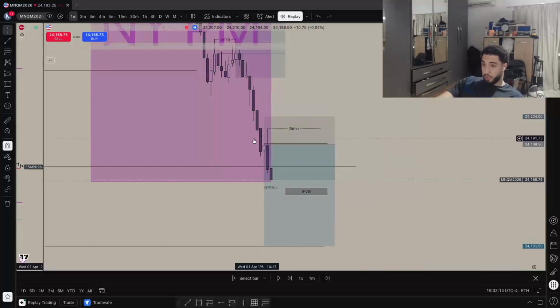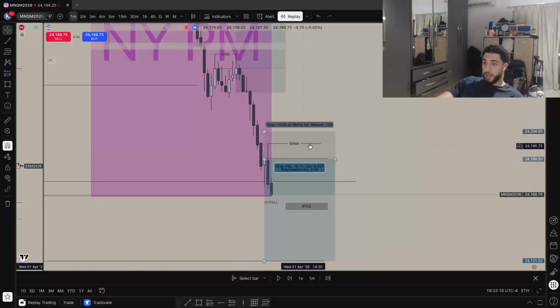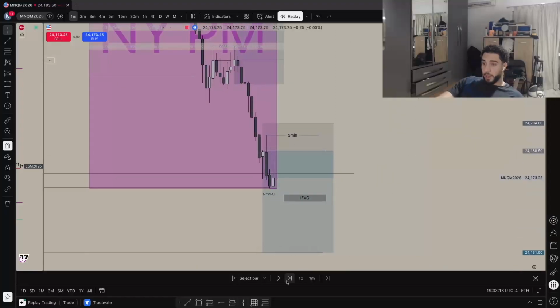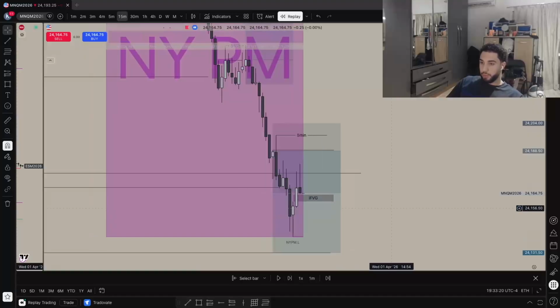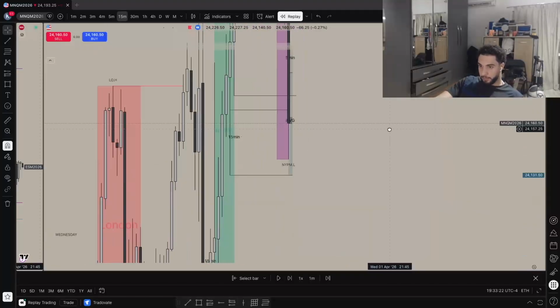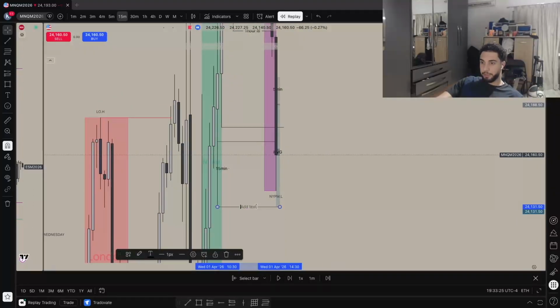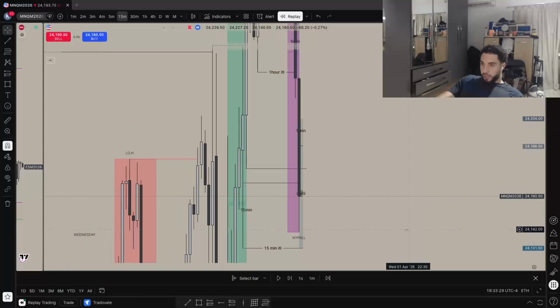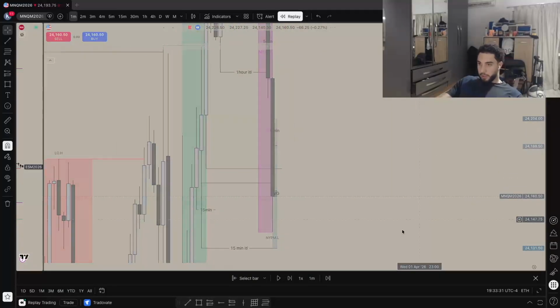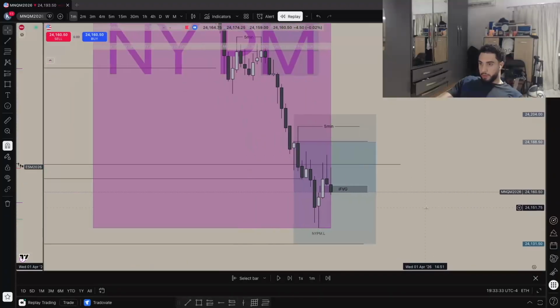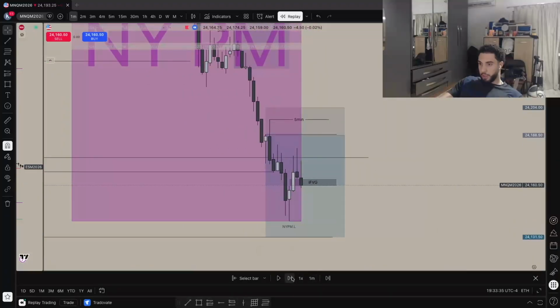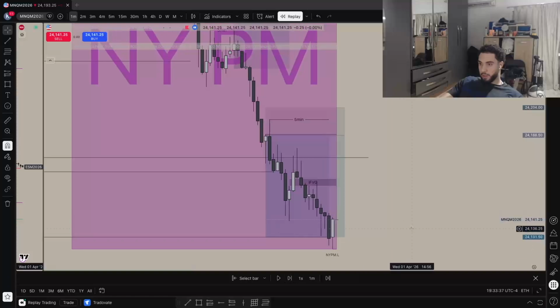But yeah, took this short right here on the top of this 1 minute gap and decided to target this 15-minute internal low right here. Honestly, this was discretionary as hell. Like, honestly, there was no setup whatsoever. It was just pure discretion, and yeah, ended up banging on this.